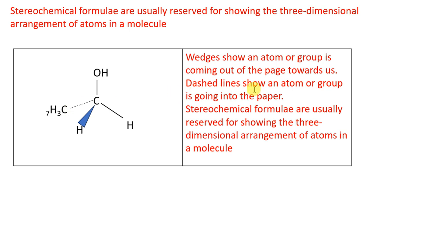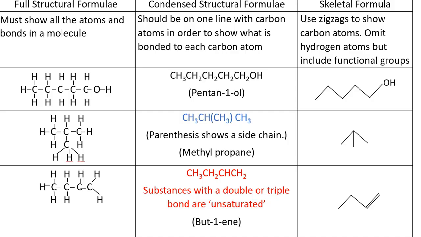Dashed lines show an atom or group is going into the paper. Very important in stereochemistry, and I will be doing an entirely new video on that.